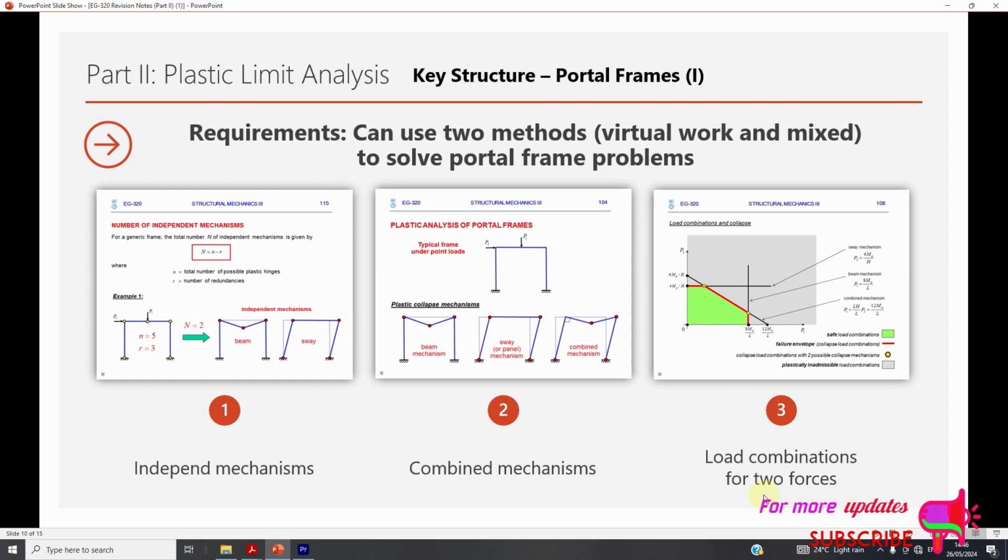Portal frames requirement: can use two methods, virtual work and mixed, to solve portal frames. The first method is not applicable in portal frames. So you can see here an example of an independent mechanism, an example of a combined mechanism, and load combination for two forces.